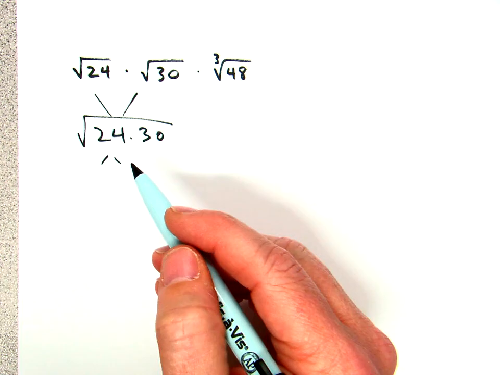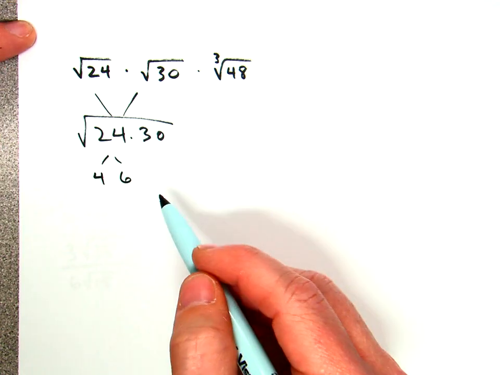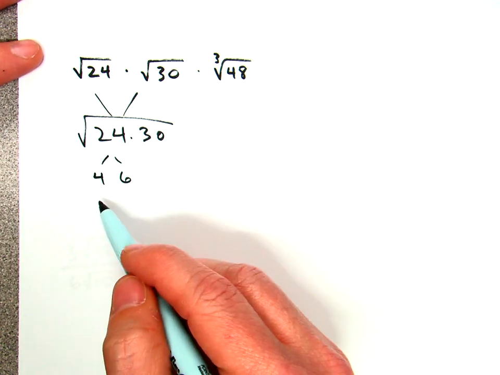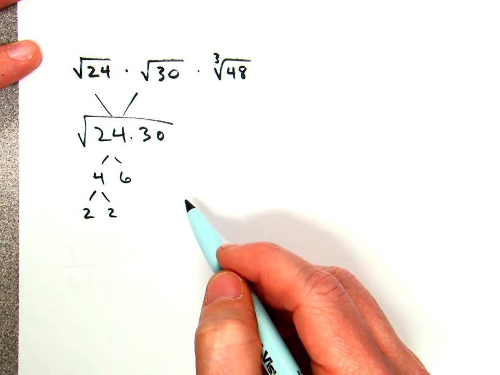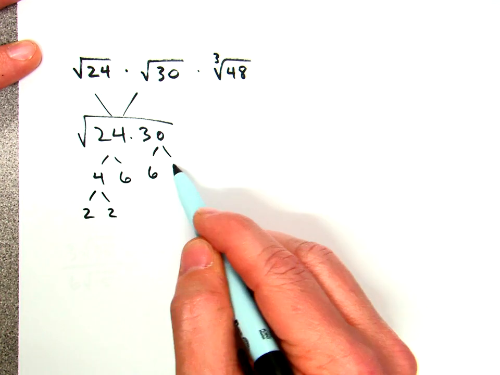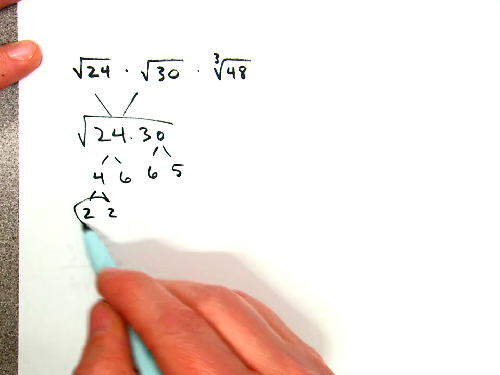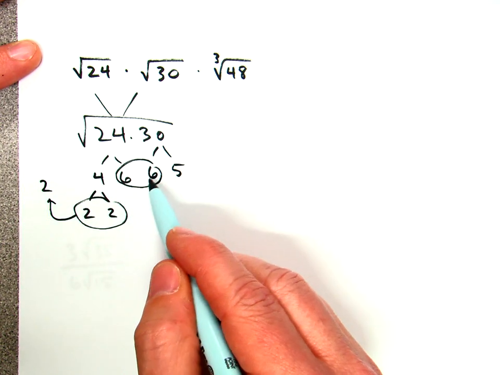So I can break down 24. So what's 24? What do we got? 4 times 6, right? And then we can say 4 is 2 times 2, right? 30 is also 6 times 5. So I'm just going to say, look, I got 2 2s. I can pull a 2 out. I got 2 6s, right?